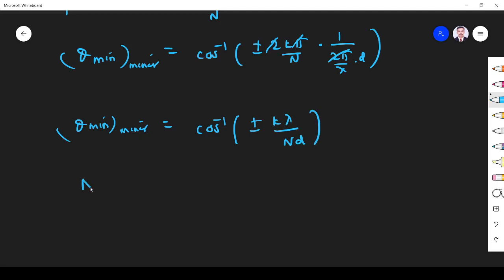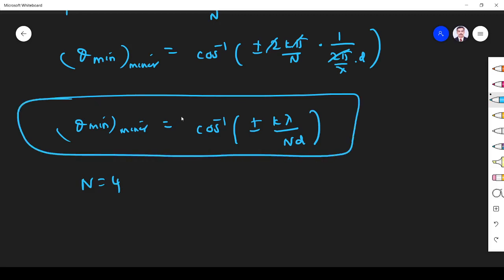Again we take n equal to 4, and the array elements separated by a distance of lambda by 2. Then theta minimum for minor lobe, the direction of minimum radiation, is cos inverse of k at n value 4, d equal to lambda by 2.